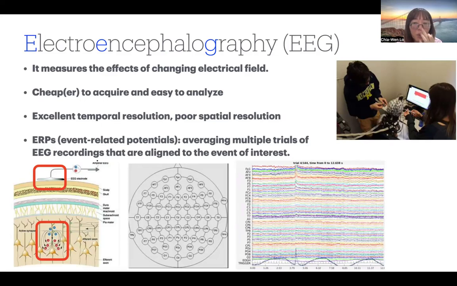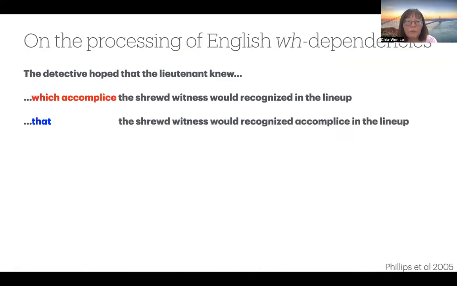And here we will report the results. This is called ERP, event-related potentials. This means that we average multiple trials of EEG recordings, aligned with the event of interest. So now let's look at the results from the English WH dependencies. In this study, they compare two different conditions.